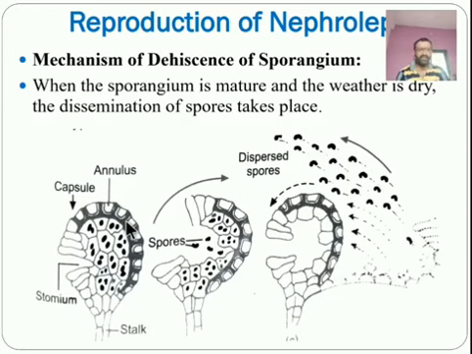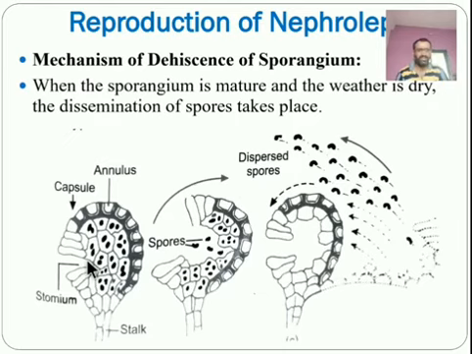As a result, the drying of the annulus creates tension on the cell wall, and this tension makes the annulus cells straighten up. This results in the breaking of the sporangium by rupturing the thin-walled cells of the stomium. Due to that, the rupturing of the stomium takes place.